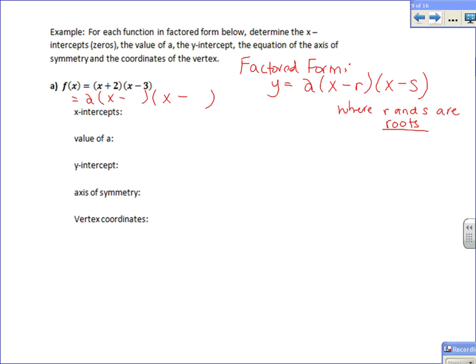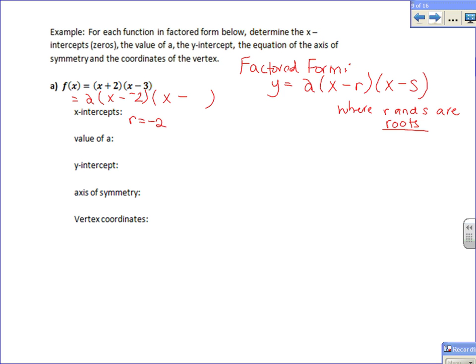If x plus 2 is going to be written as x minus some number, that number has to be negative 2. x subtract negative 2 will give me x plus 2, because two negative signs together give me a positive sign. So right away my r is equal to negative 2.